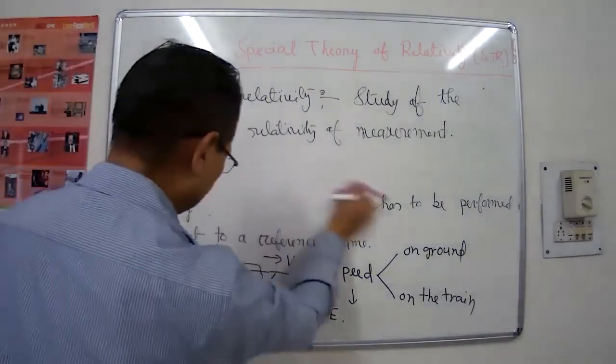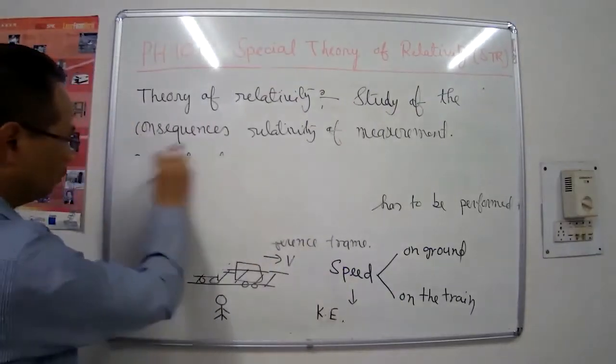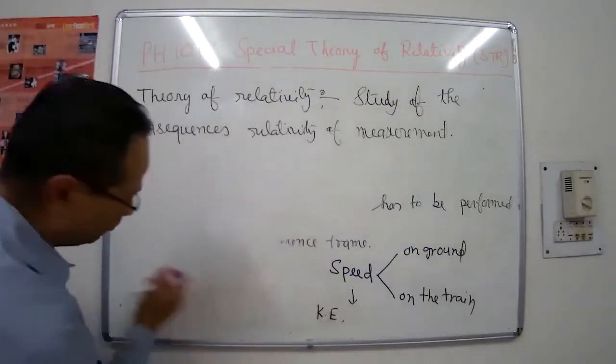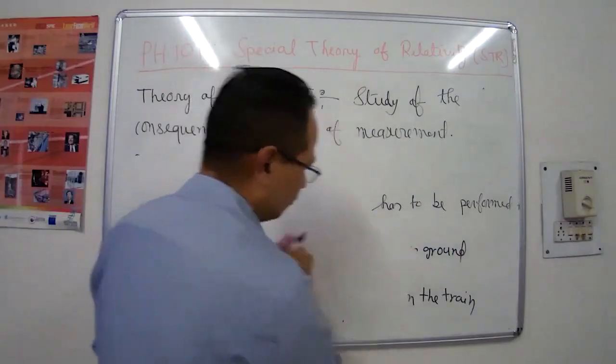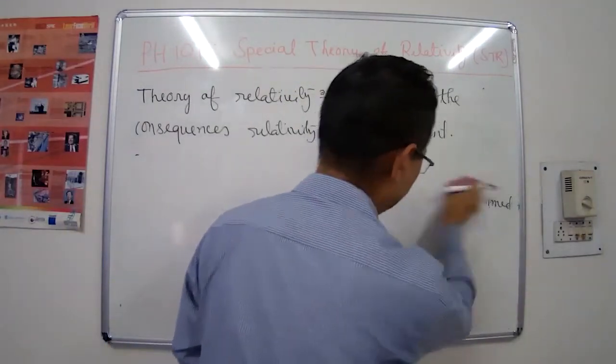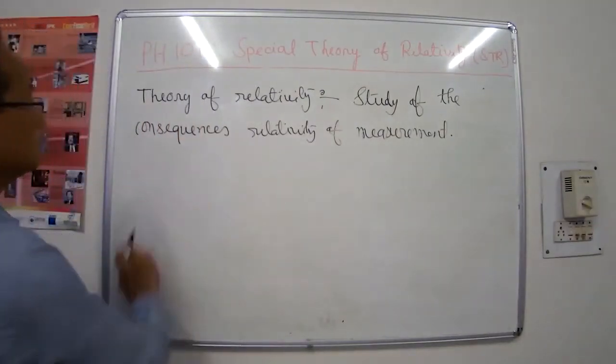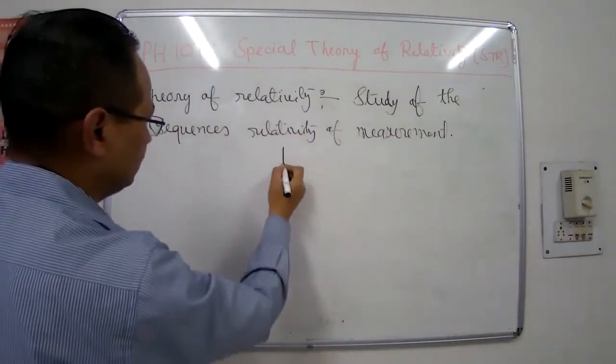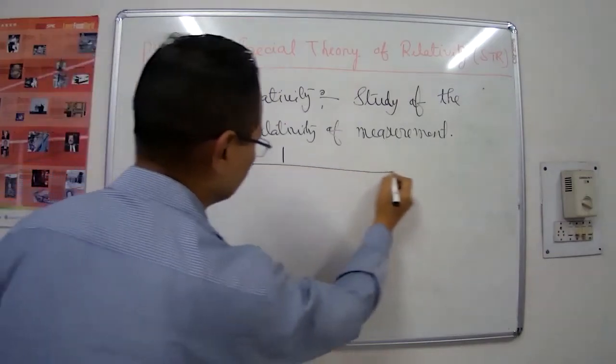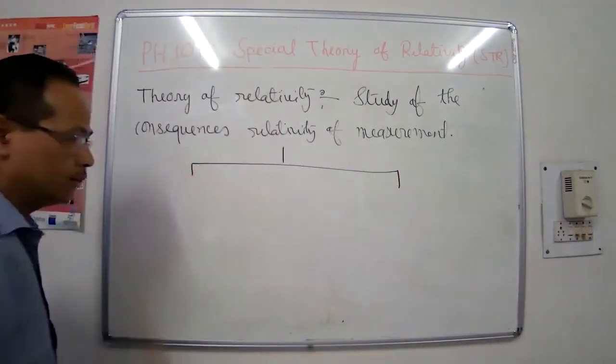So when we talk about the theory of relativity, you have frames of reference which may be moving with respect to one another. This theory of relativity is divided into two categories.